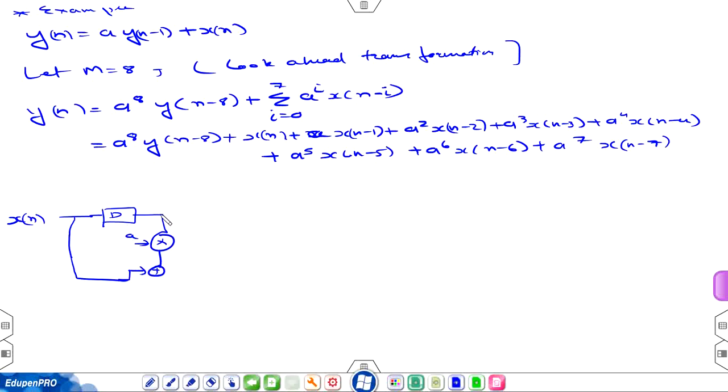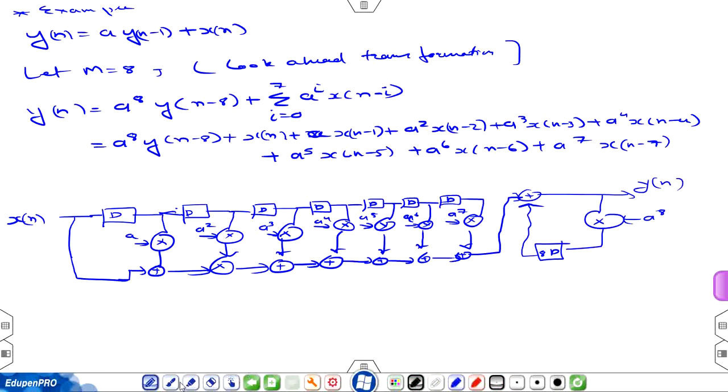Then again a delay element, multiplied by a squared, and then added to the previous result. Again a delay element, multiplied by a cubed, again a delay. Okay, so this is the block diagram representation of this equation.